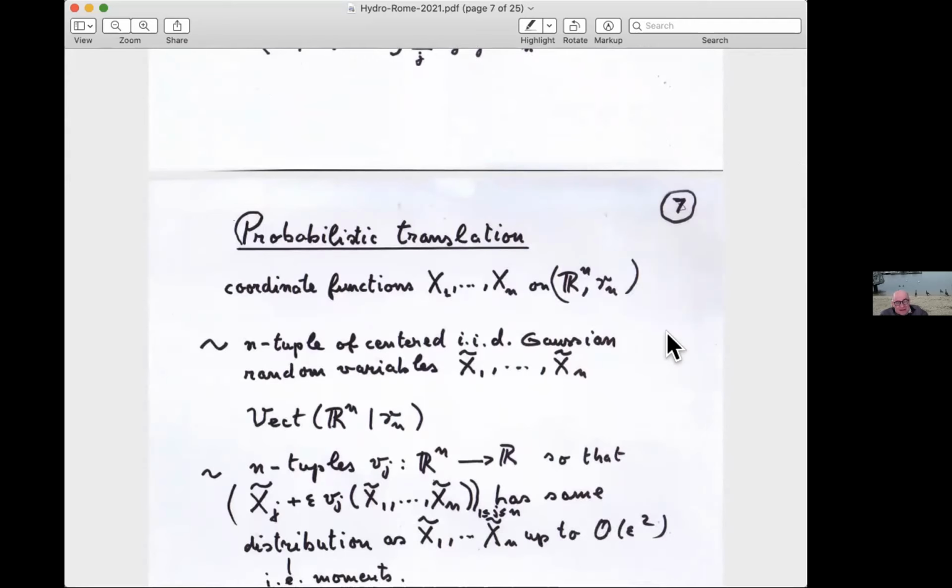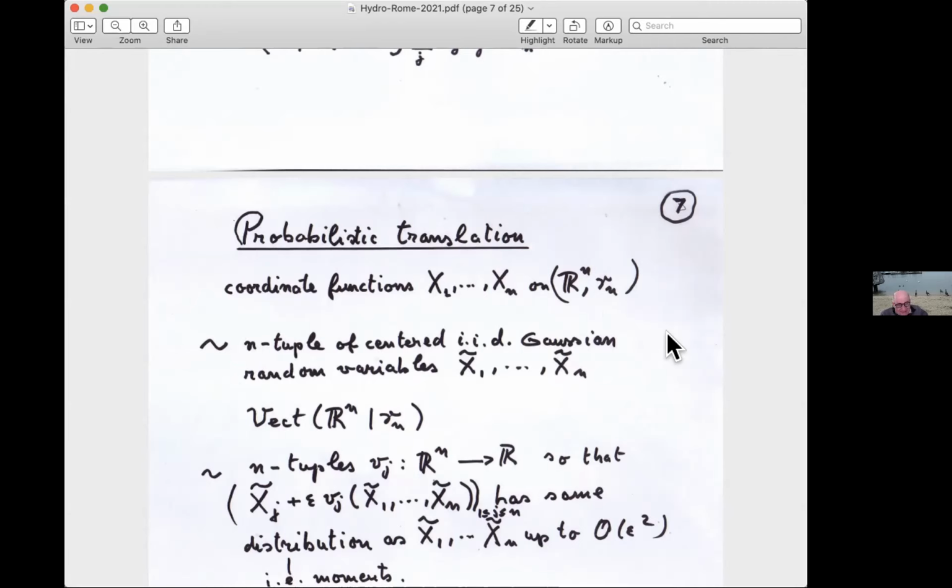Then the vector fields which preserve the Gaussian measure are n-tuples of good functions on Rn. We're going to simplify things and look at polynomials.